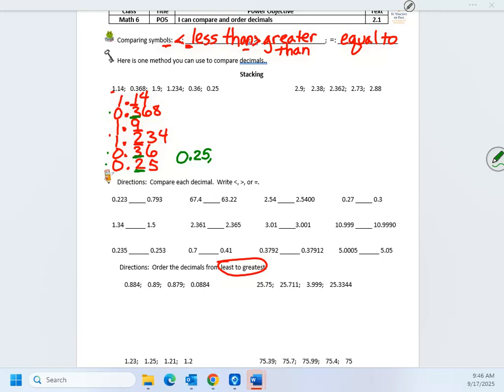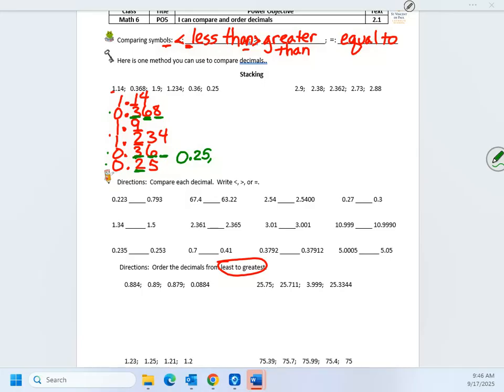What's my next smallest number? Well, I had two 3s here, so I go out to my next column. I have two 6s. Now I need to go to my next column. I have an 8 and a nothing. How do I compare 8 to nothing? Rhoda? Add a 0.